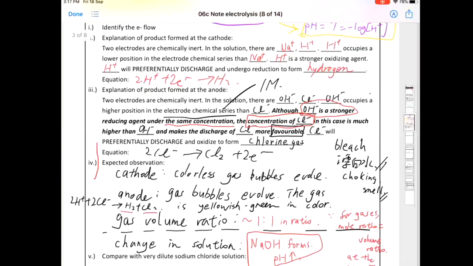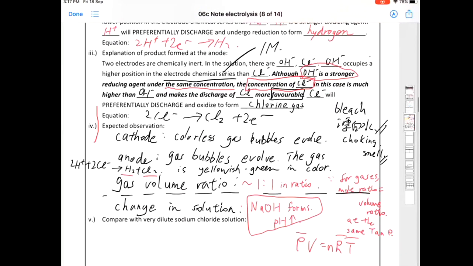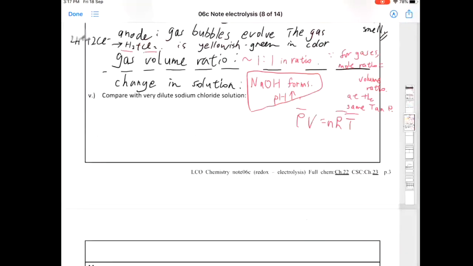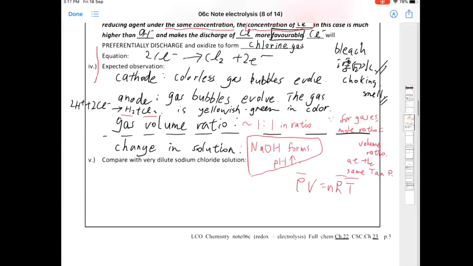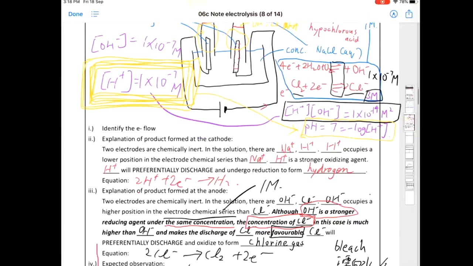And this is what we discussed last lesson. And then this time let's do a comparison if there is some dilute NaCl undergoing electrolysis using the same setup. Maybe we draw it again and see what will happen.